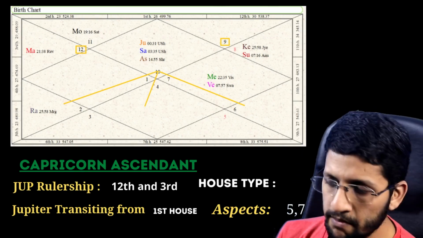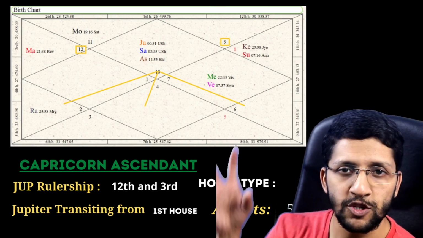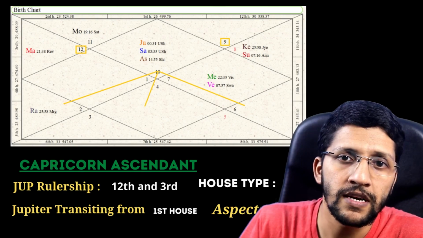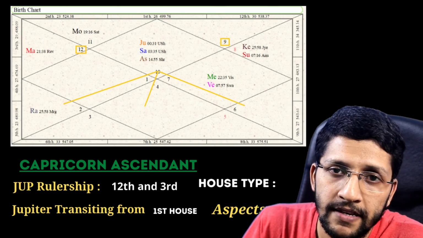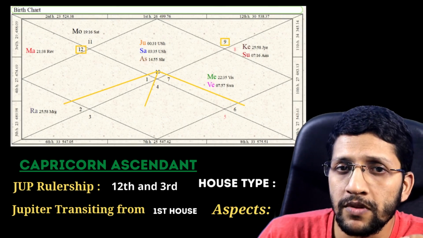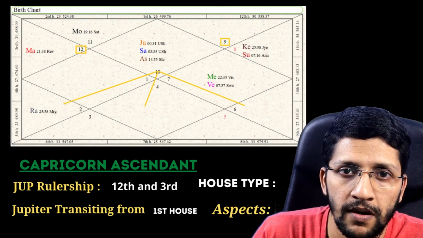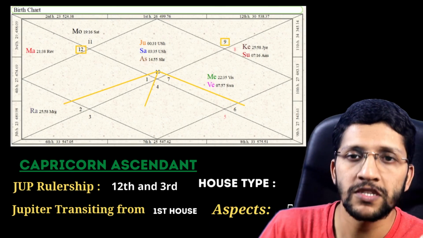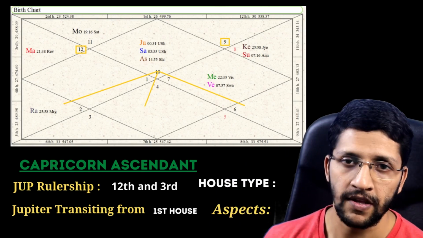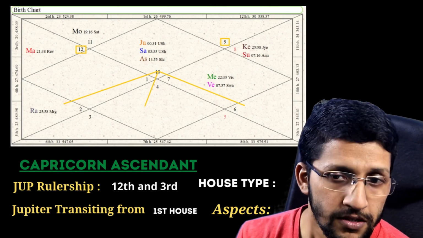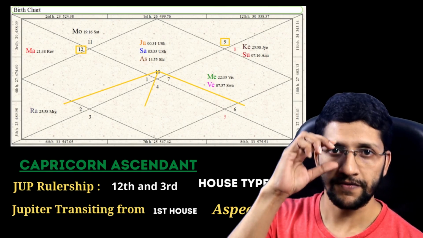If Saturn is there, moon is there, Mercury is there, and Jupiter is transiting over them, what Jupiter does is it gives these planets positivity, and it gives them wisdom. With whatever understanding they have, Jupiter brings in the wisdom in that area of life. Next, it also aspects the fifth house of the horoscope.